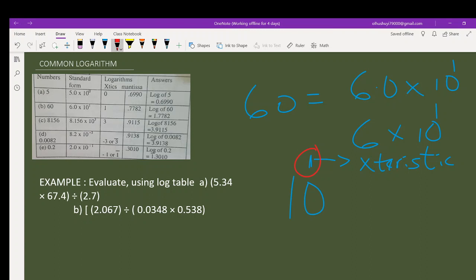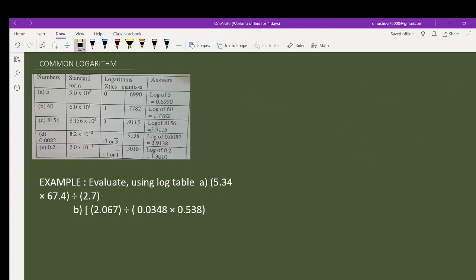Then you have 0.0082. Let's write this in standard form. I don't have to be talking about standard form here, but because we need it here. If you are to write this in standard form, the decimal should be between the first two significant figures.